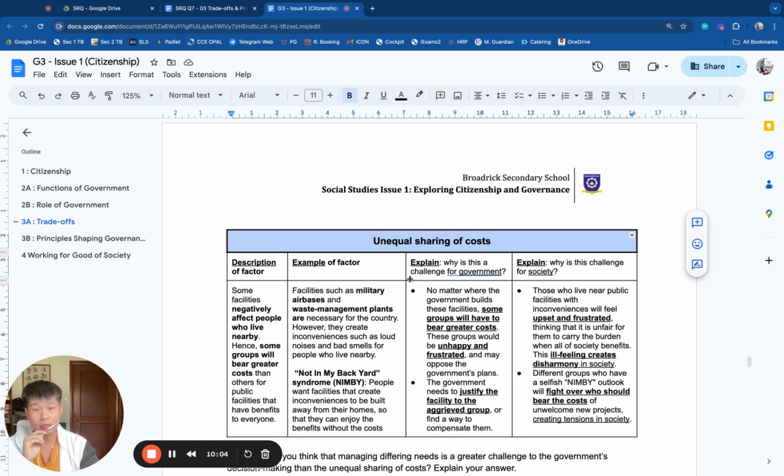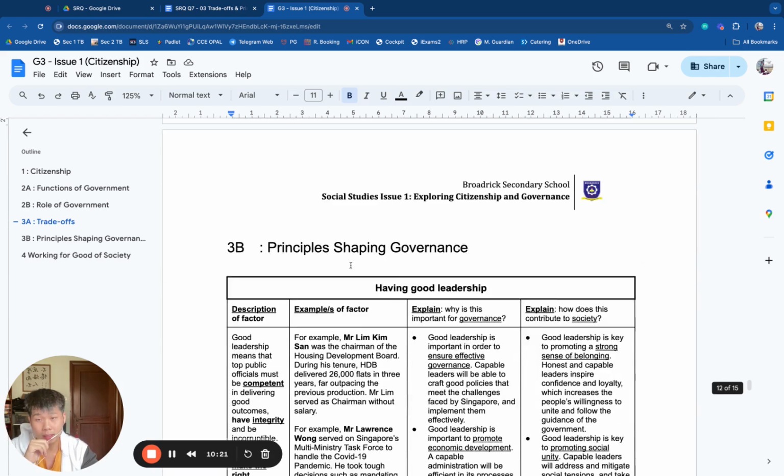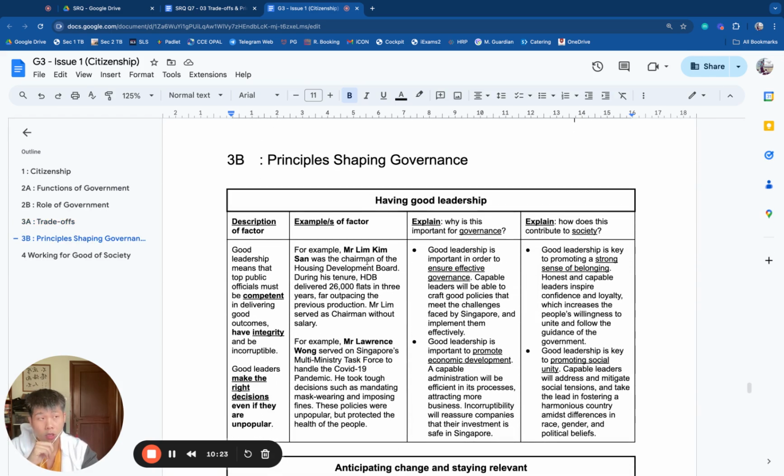And so given that the government is faced with these difficult decisions where we have to sacrifice A to achieve B, how do you decide who to sacrifice? How do you decide? And there are four principles, ideas, or sort of moral beliefs by which the government proceeds and achieves its goals.